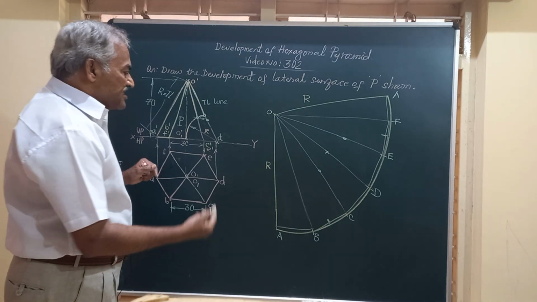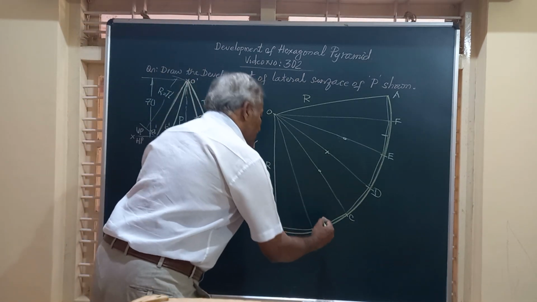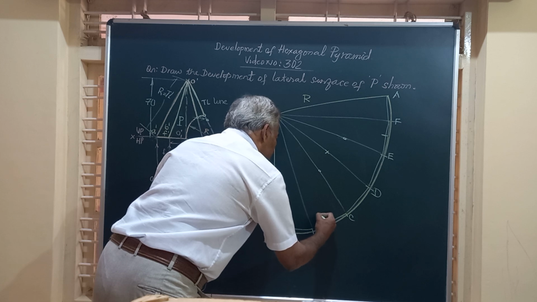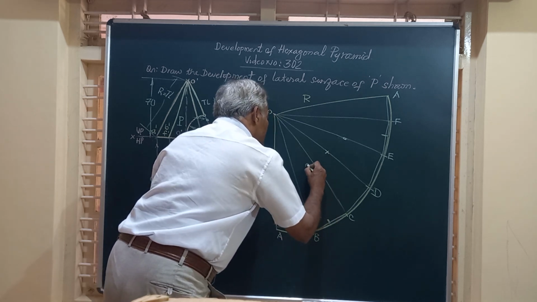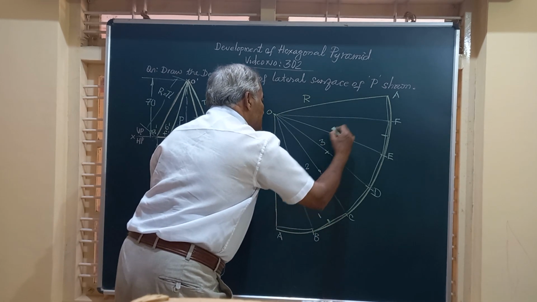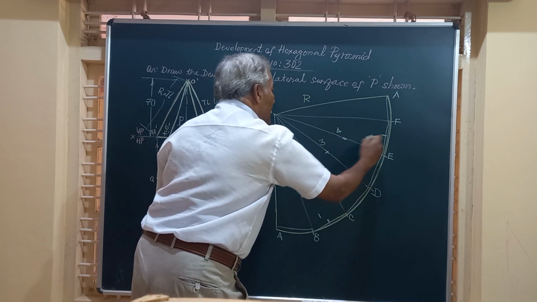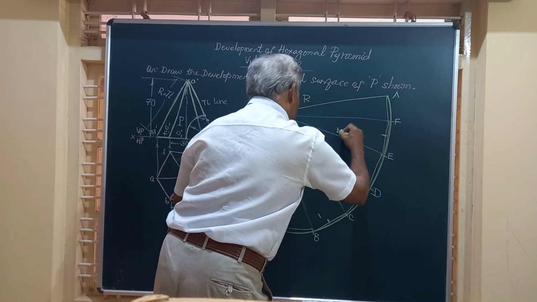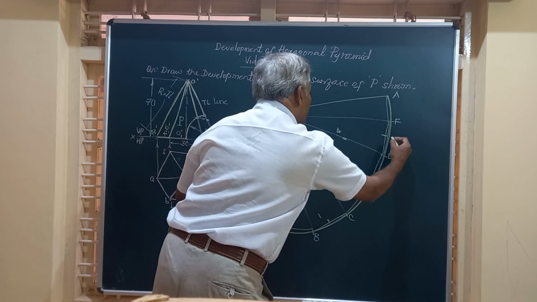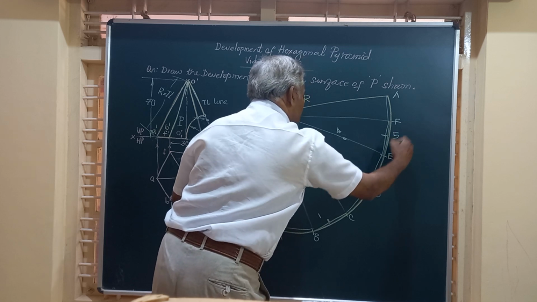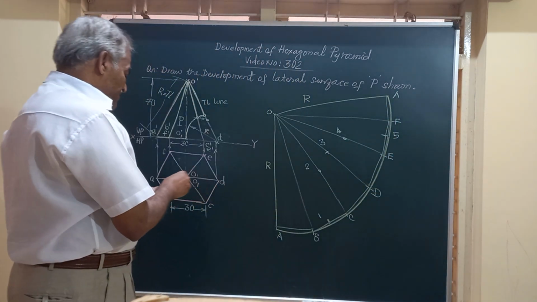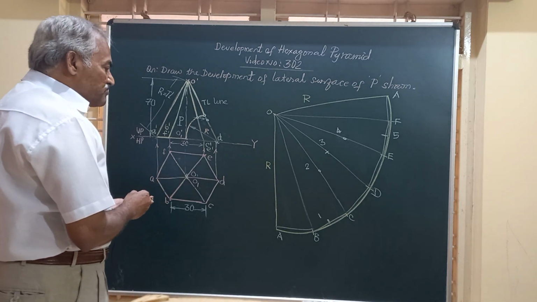Friends, we will just number them if required. We will call this point 1. This is point 2, point 3, point 4, and point 5. This point is point 5 because there are different lines 1, 2, 3, 4, 5. And friends, let us mark them.